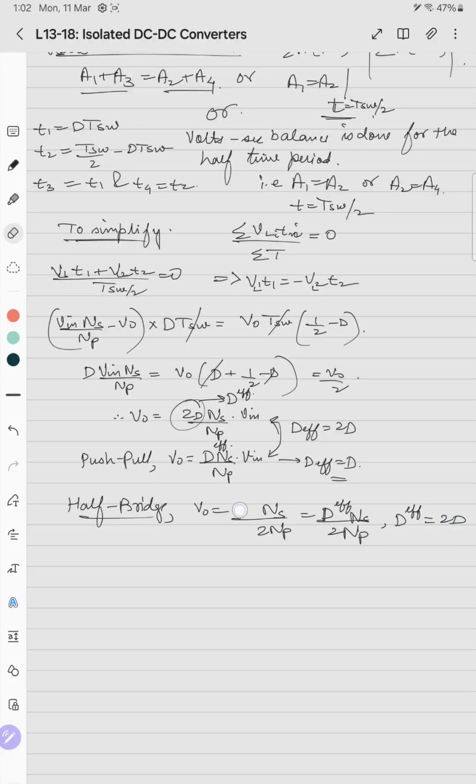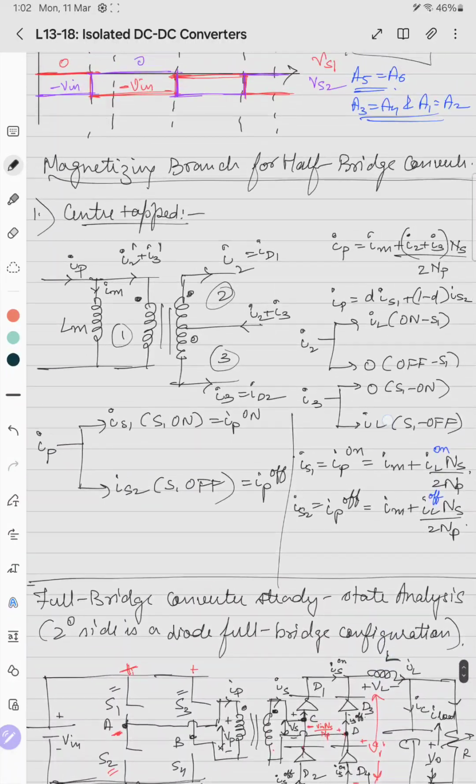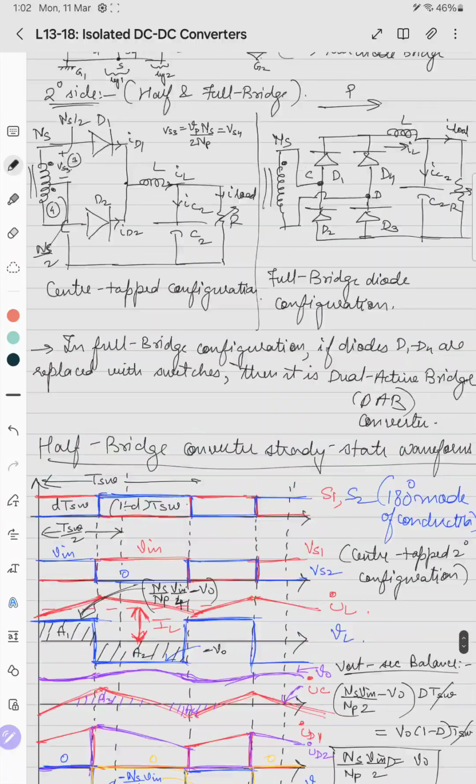So instead of getting this, directly write D into Ns by Np into Vin. So this is the relation. So for push pull and half bridge, the voltage relation is same, but for full bridge it is different. The effective is 2D as per the analysis done here.